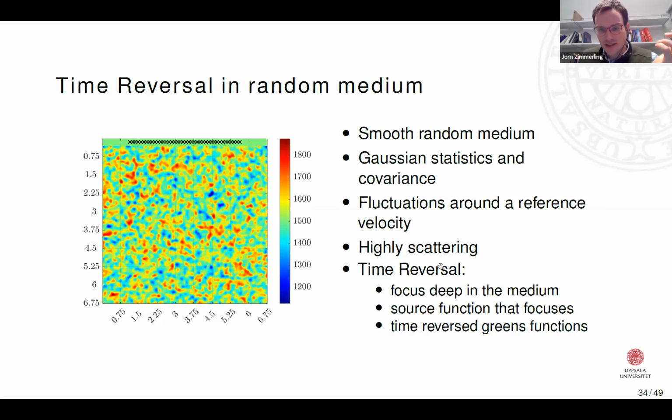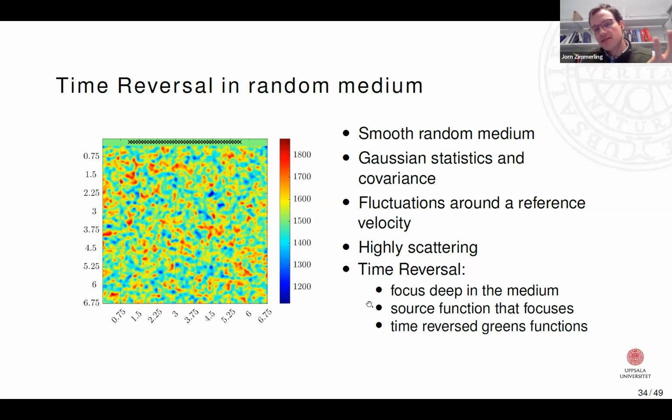And the time reversal experiment is essentially that you would like to focus inside this unknown medium at a certain depth. And you would like to find the source function that you need to apply at the sources and receivers that would focus at a certain depth. Due to the symmetry of the wave equation and reciprocity, this is just the time-reversed Green's function that you should supply on the sources in order to reach a certain point and focus at this point.